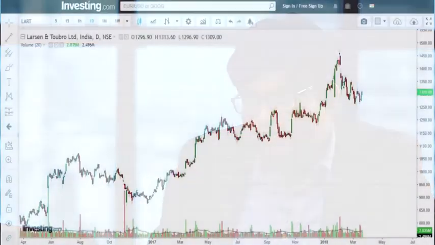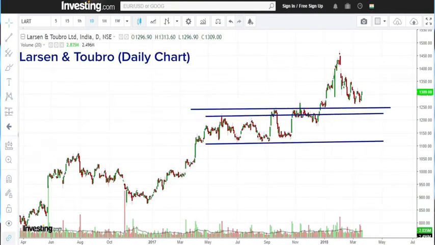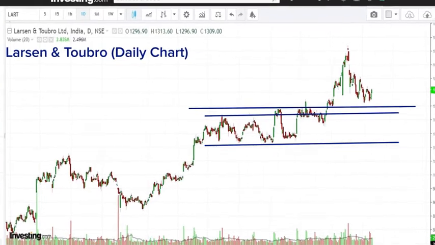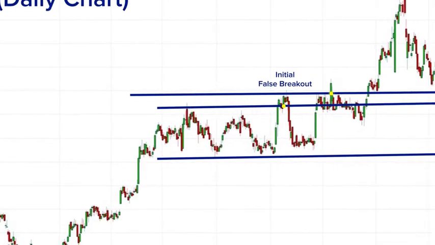Let me show you one example here. Here we are looking at the Larsen and Toubro daily chart. Here as you can see that a rectangle was formed in the chart between 2017 March to around November, December. And what happened? First there was an initial breakout in the month of September, but it was a false breakout. It came back very quickly.